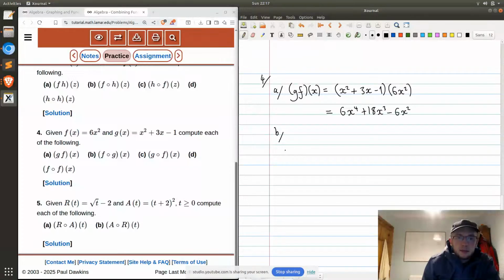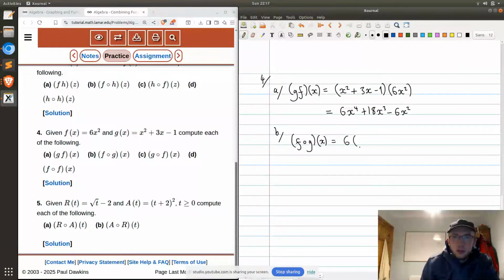Part B. F composed with g, or f of g of x, f of g of x. Pick up the definition of g and put it inside the function f in brackets.